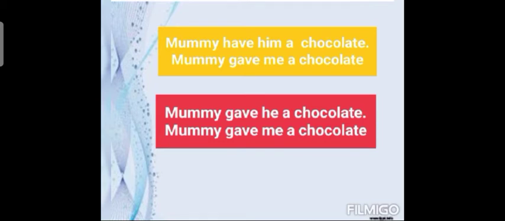So now there is a little better understanding among you to judge which sentence has been used correctly with the correct pronoun. So the sentence written on top is correct: Mummy gave him and me a chocolate. So the division of the sentence will definitely help you to find the correct usage of the pronoun.